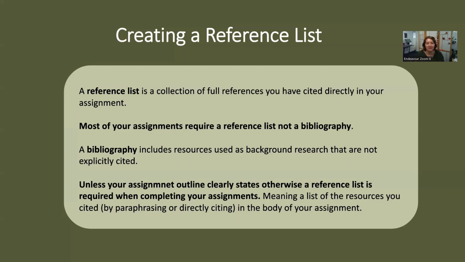A bibliography is essentially just a reference list that includes extra sources that haven't appeared in the direct citations in the work, but were used as background research. Unless your assignment outline clearly states bibliography, you don't have to worry about that. Just whatever you've cited in text, include in the reference list, and that's all you have to think about.